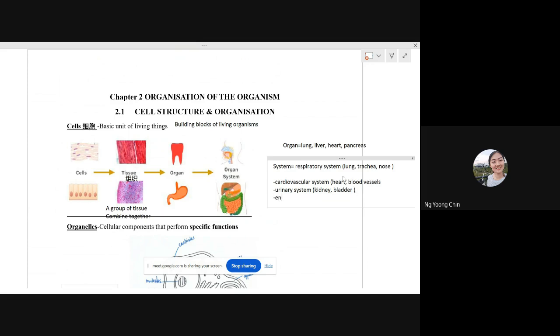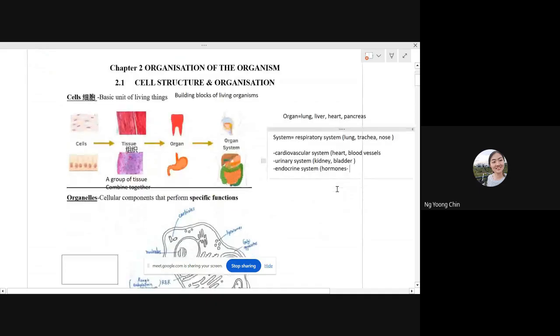And we also have the endocrine system. The endocrine system refers to coordination and regulation, which is hormones. You will learn more. So those are examples of systems.